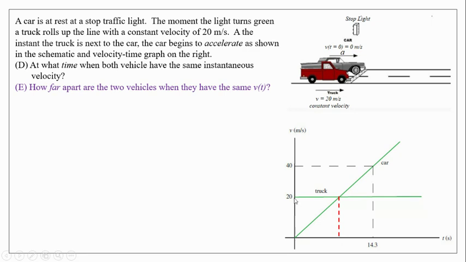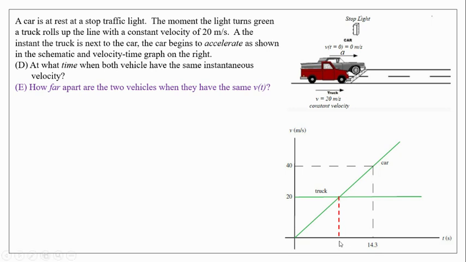So they both will have the same velocity of 20 meters per second. I just don't know what time this occurred, and that's essentially what the question is asking. At some point, as the car picks up speed, it will eventually obtain the speed of the truck. In fact, it'll keep getting faster and faster because it's accelerating. So this point here tells me that both vehicles have the same speed.